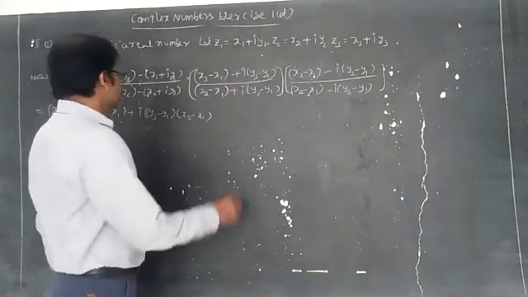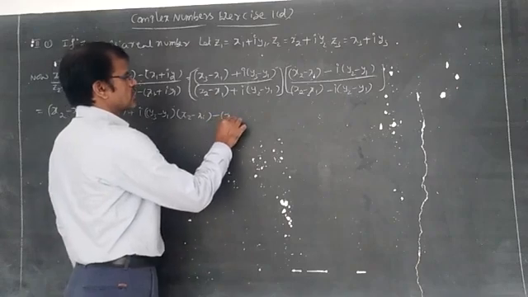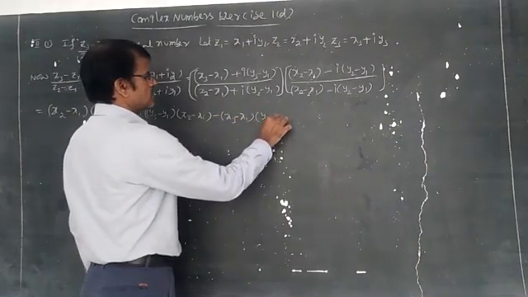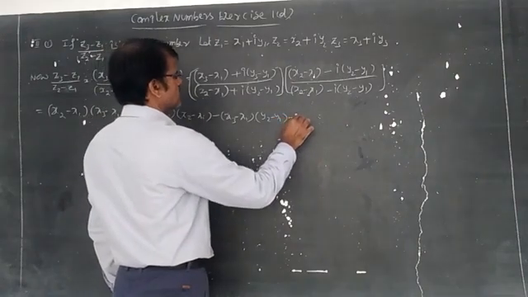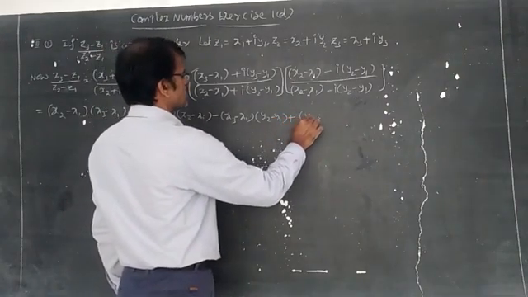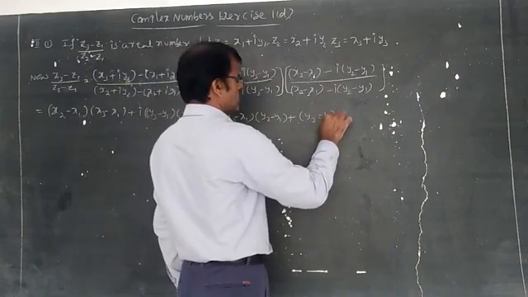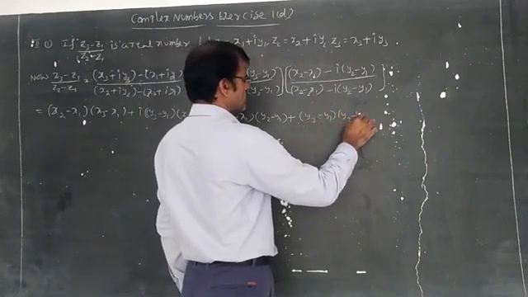Next minus i into, so minus taken common, (X3 minus X1) into (Y2 minus Y1) minus i square, meaning plus 1, that is (Y3 minus Y1) into (Y2 minus Y1).